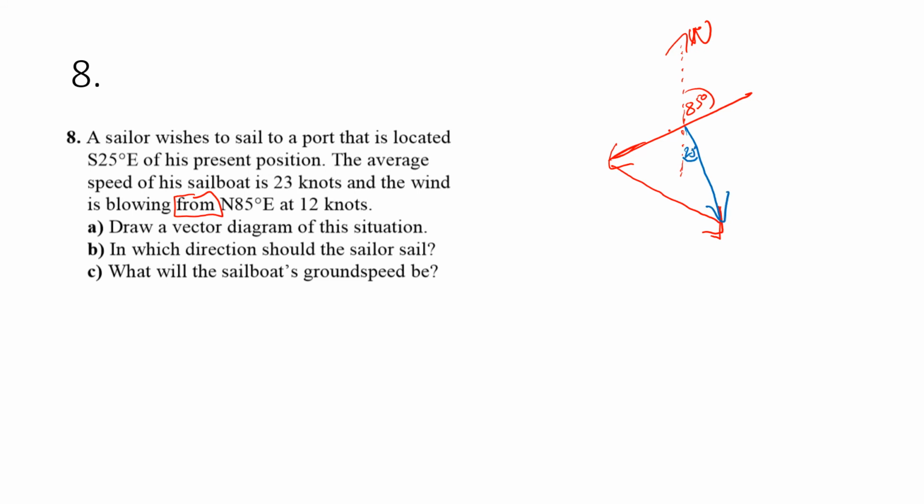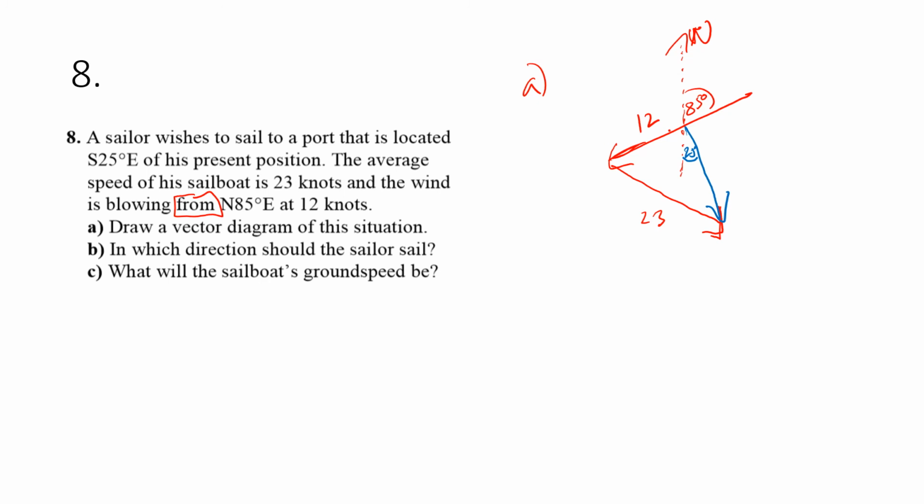All right, so we can use this information to solve for the direction of the sailor, okay, and the ground speed. So this is 12, and this is 23. So what we can do first is solve for some angles here.